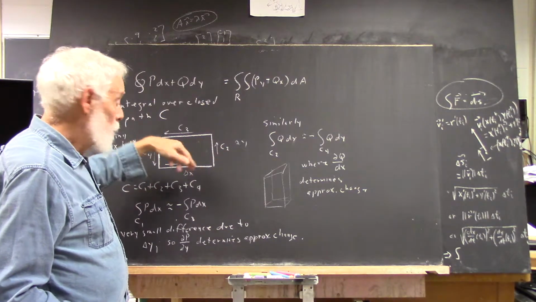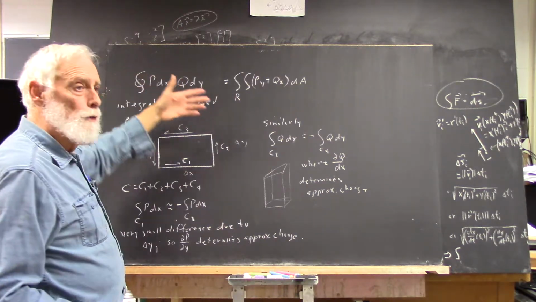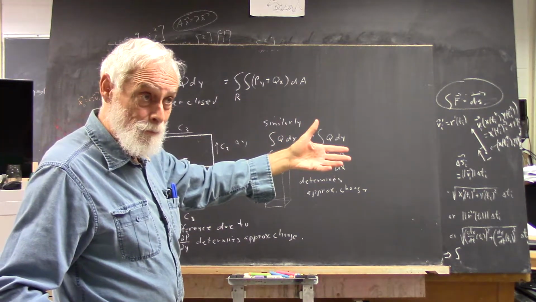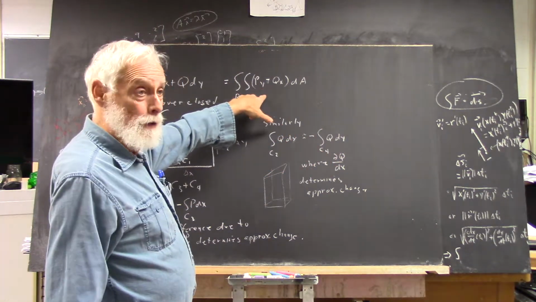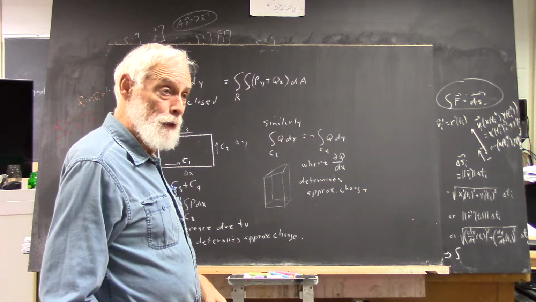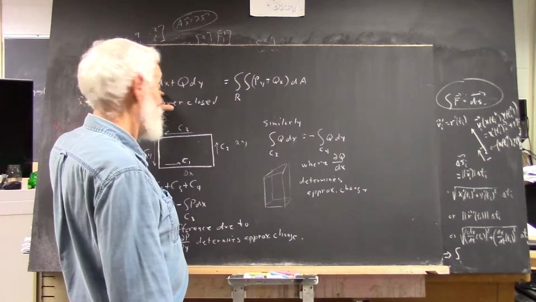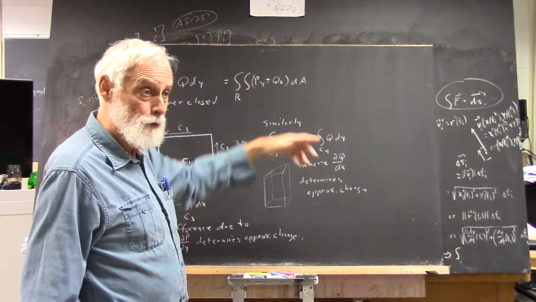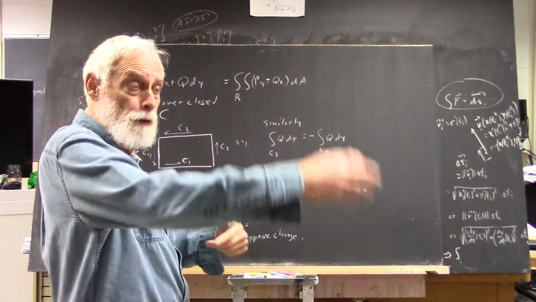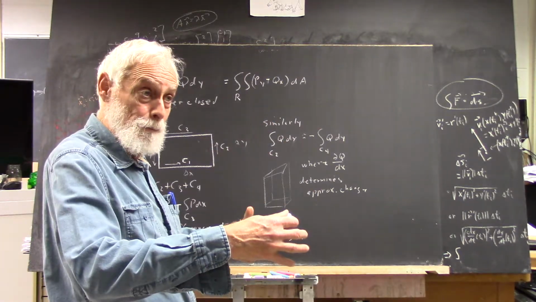Okay? So it turns out that the values of p and q on the curve determine the integral of this expression over the interior. Okay? Similarly, this expression determines the line integral. Okay, so you have an area integral that's equivalent to the integral around the curve enclosing that area.